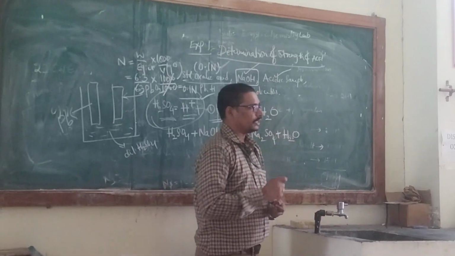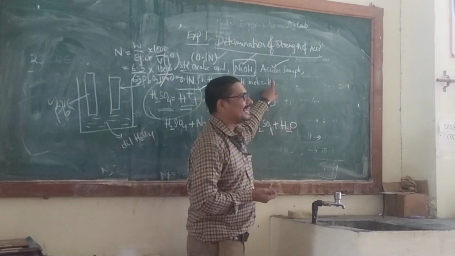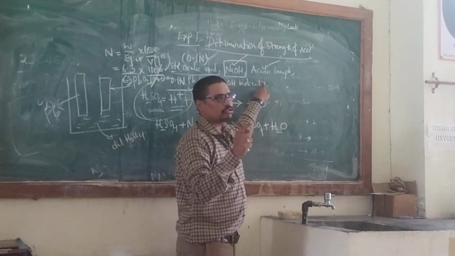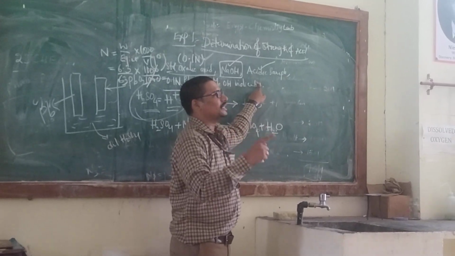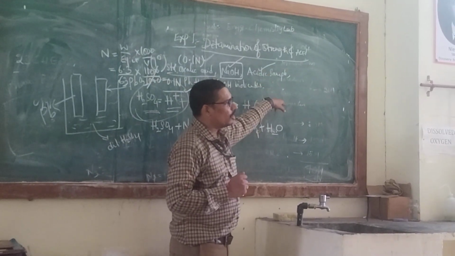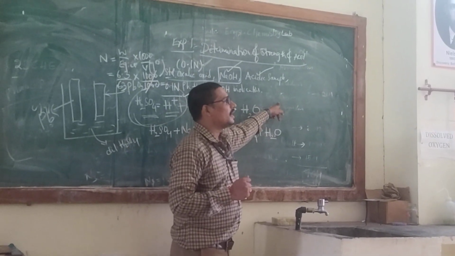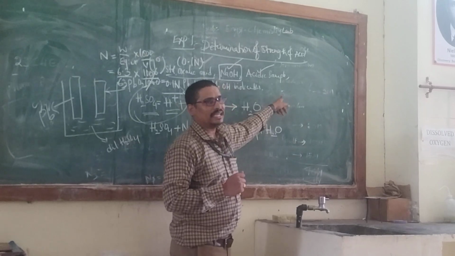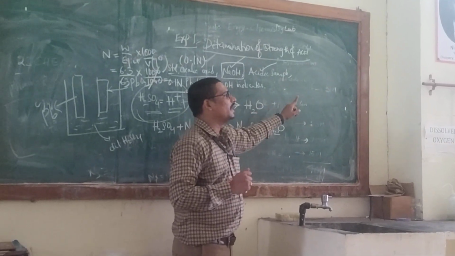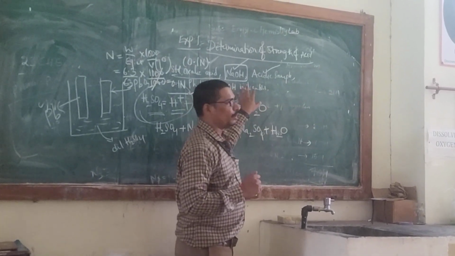It is prepared by taking 1 gram of phenolphthalein powder, which is to be dissolved in 100 ml of ethyl alcohol. And the methyl orange indicator is prepared in the same way: 1 gram of methyl orange powder dissolved in 100 ml of ethyl alcohol. So this is the method of preparation.